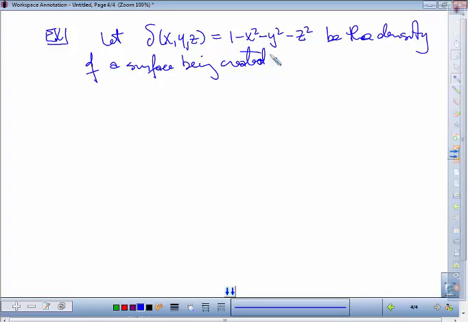Should we do the bottom half of the sphere, or a paraboloid? Let's do a paraboloid.